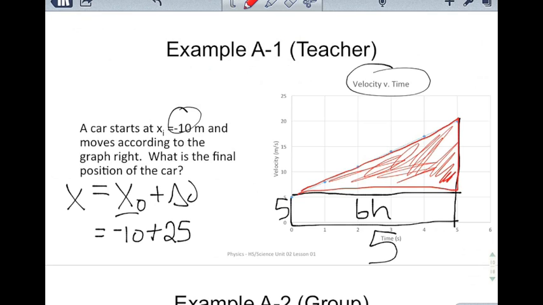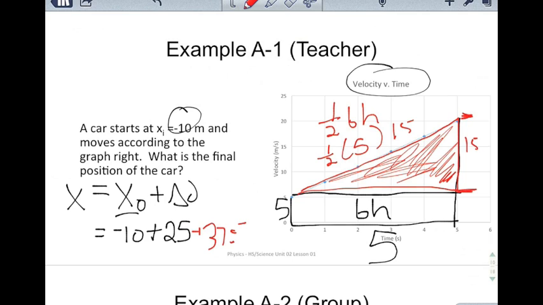In order to find the area of the triangle, it's 1/2 base times height, or 1/2 of 5 times 15, because it goes from 5 to 20, and that's a length of 15. When you do that, you get 37.5. And now you add those three numbers together. When you add those three numbers together, you end up with a total, or a final position, of 52.5 meters.